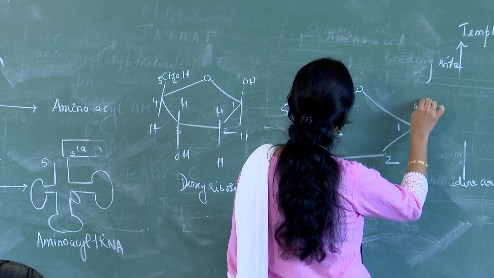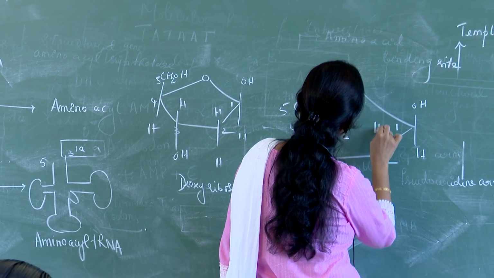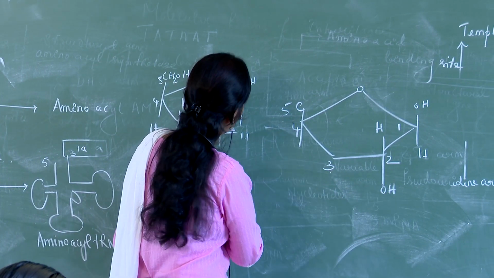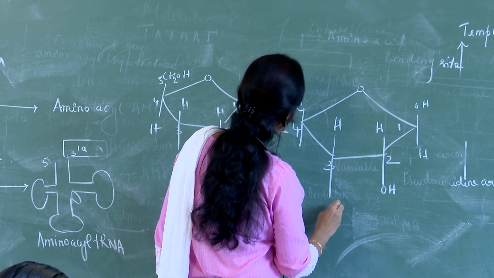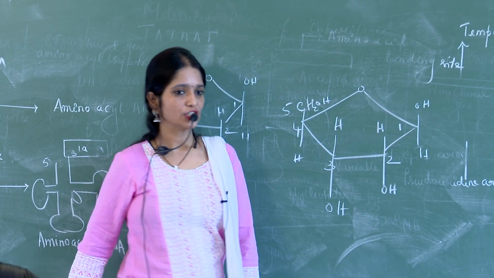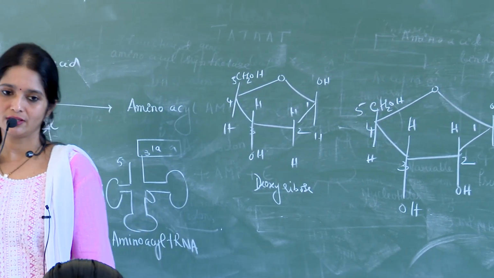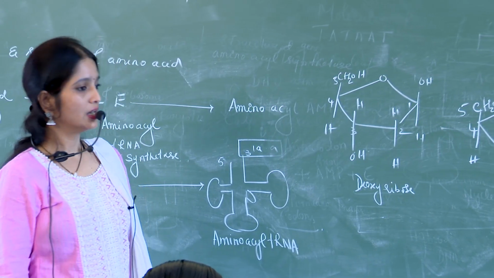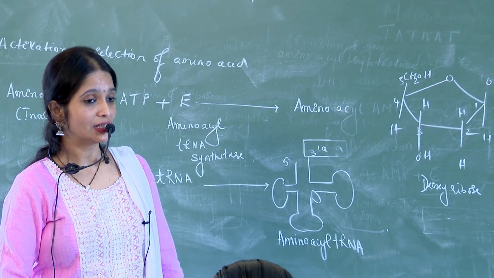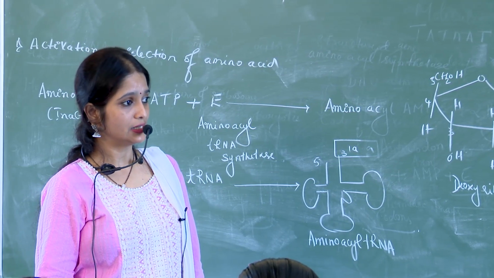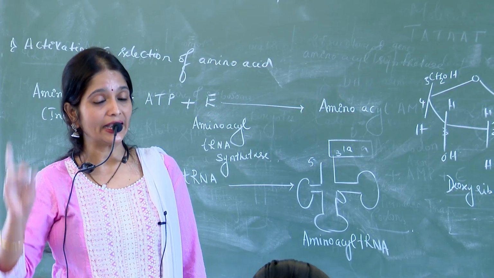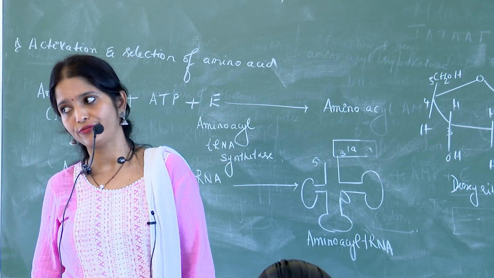Same OH, H, H, OH. Here it is H, here it is OH. Rest of the things same. CH2OH, H. What is more in ribose sugar? The OH group. So that is the reason why the ribose sugar of RNA is highly unstable and highly reactive.